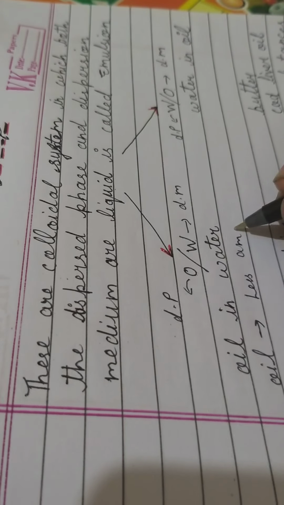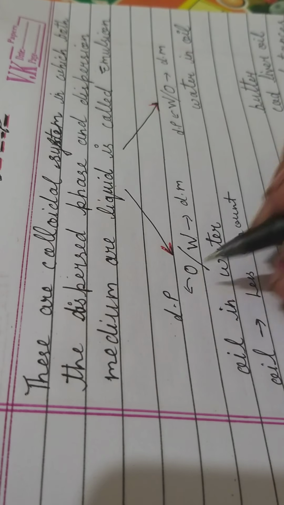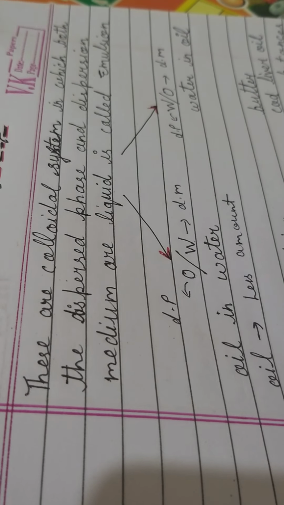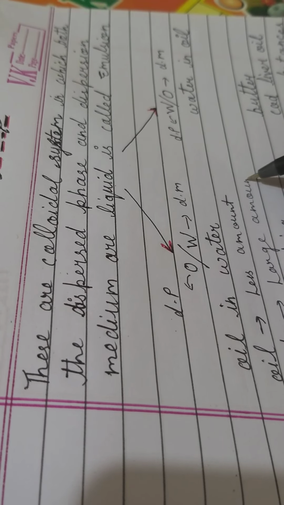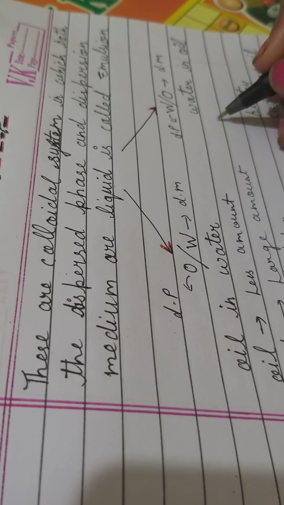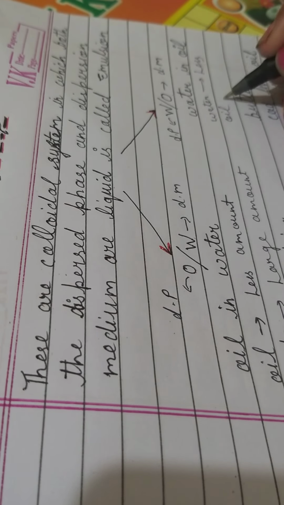Less amount shows that this is the dispersed phase. And water represents the dispersion medium, so that will be in a large amount. And here that will be just opposite. Water will be in less amount and oil will be in a large amount.